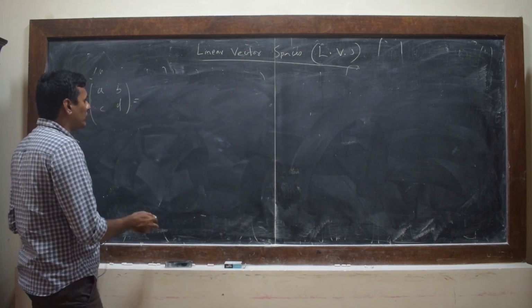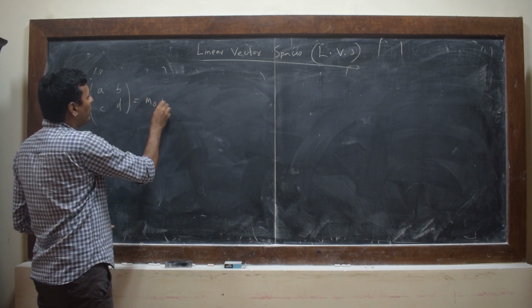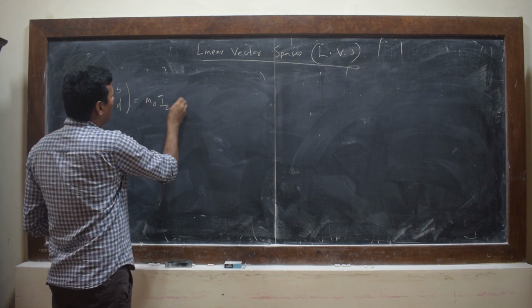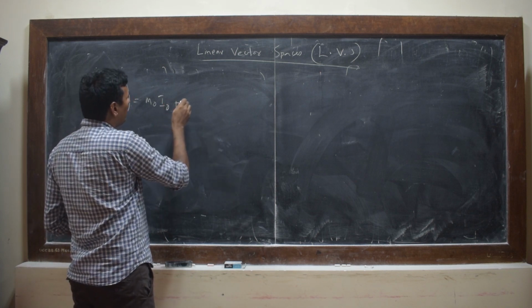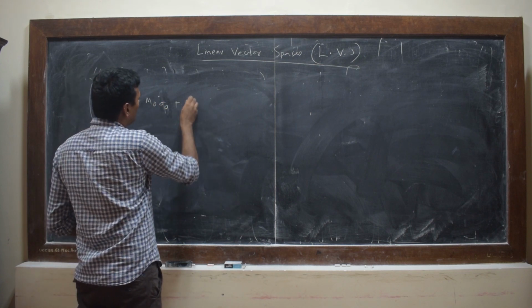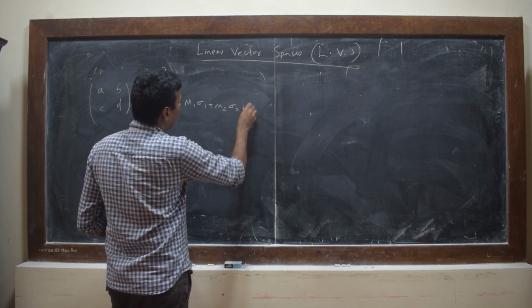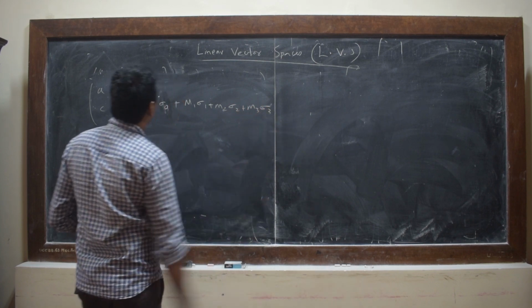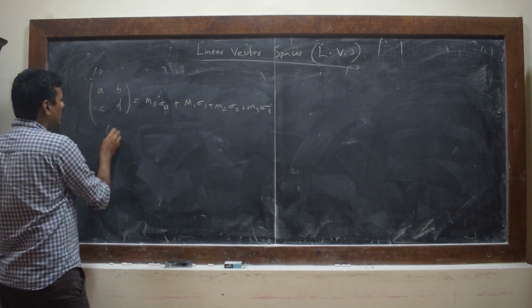I choose a particular basis where I write this as m0 sigma 0 plus m1 sigma 1 plus m2 sigma 2 plus m3 sigma 3, and sigma 0, sigma 1, sigma 2, sigma 3 form a basis.